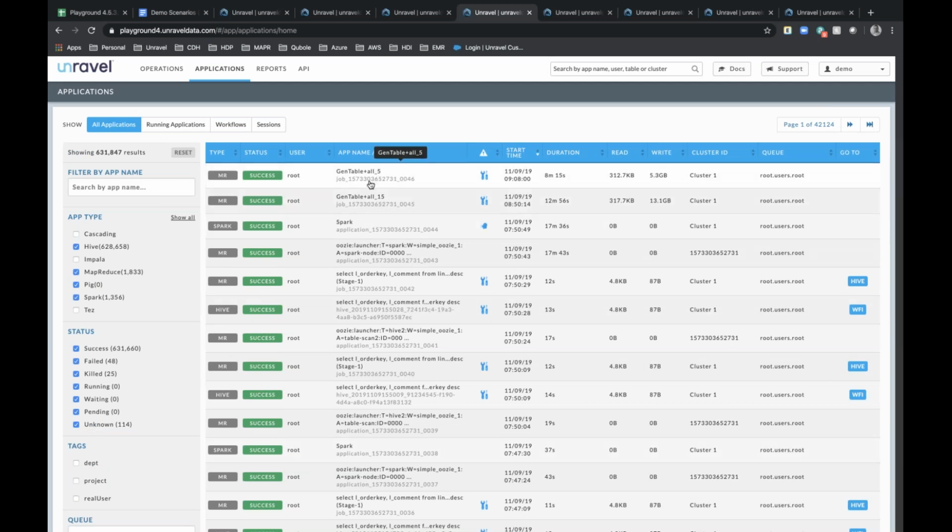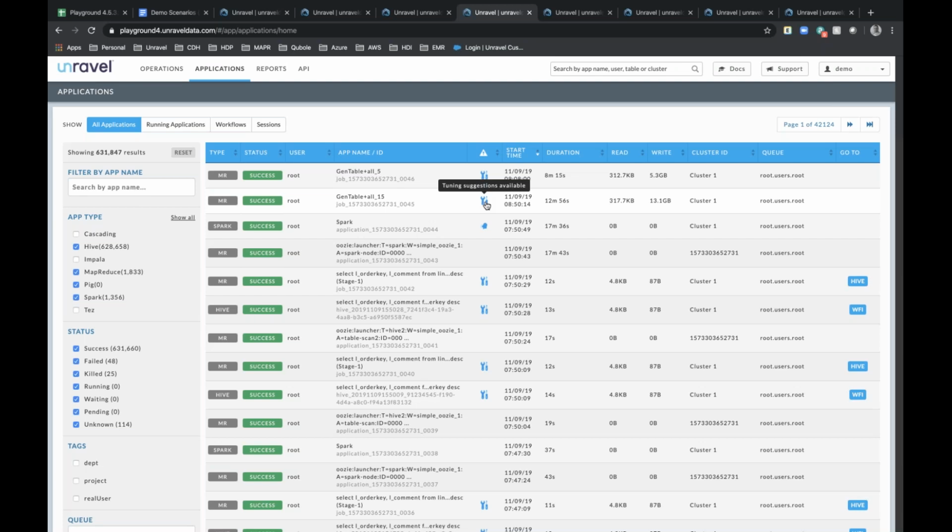We can quickly, at a glance, see all of the jobs that user ran and the status of those jobs. Are they running? Did they complete successfully? Did they fail? Also, we can see if a job violated a policy, like it didn't meet an SLA that you defined, or maybe that job has some tuning suggestions based on the metrics that we've collected.